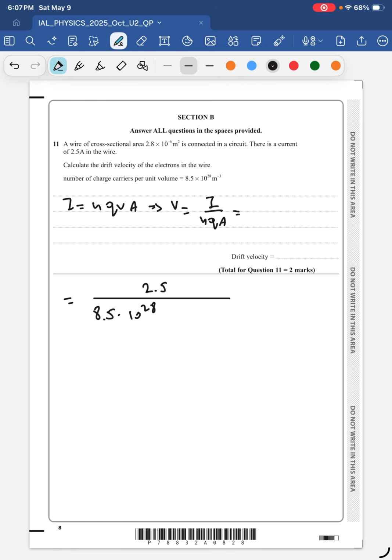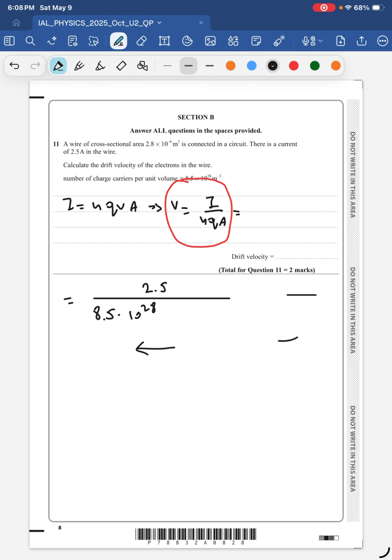Actually, let me use units as well. I say it in most of my videos that I prefer to arrive at an algebraic expression before plugging in numbers. So in this case, it's I over nqA.